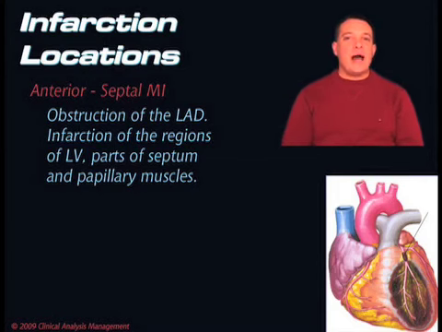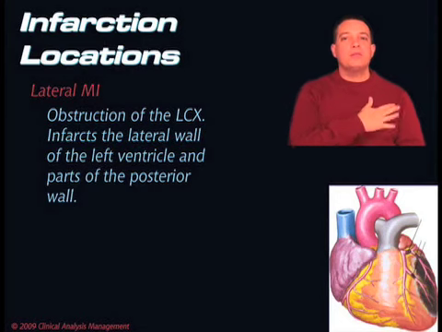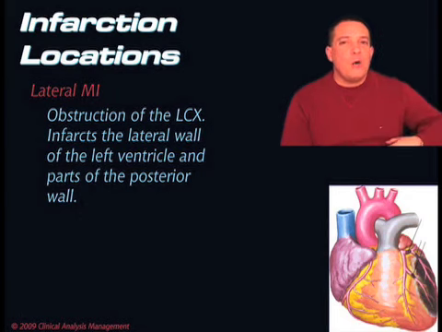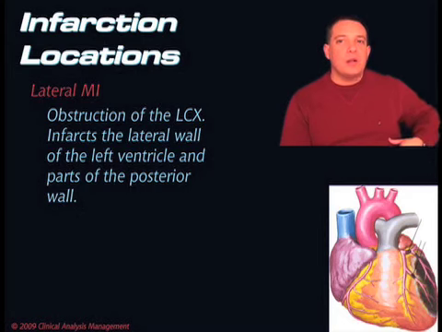Now when we talk about a lateral MI, remember a lateral MI is when we have an occlusion of the lateral part of the heart. And the vast majority of the time, most of our lateral MIs are actually caused by an occlusion of the left circumflex. There are some small parts of the left lateral wall that are supplied by branches that come off of the LAD, but for the most part, the vast majority of our lateral MIs are caused by an obstruction of the circumflex.